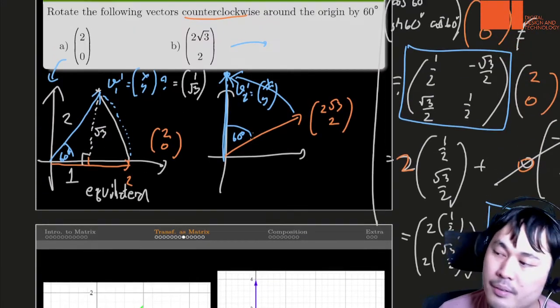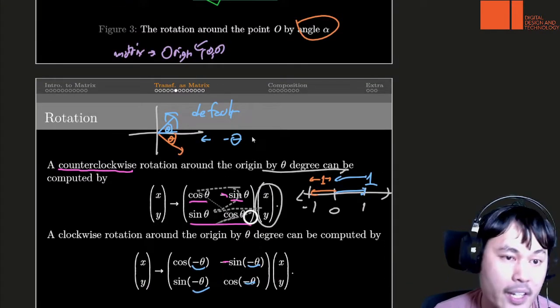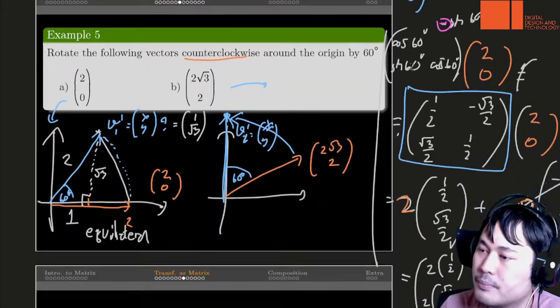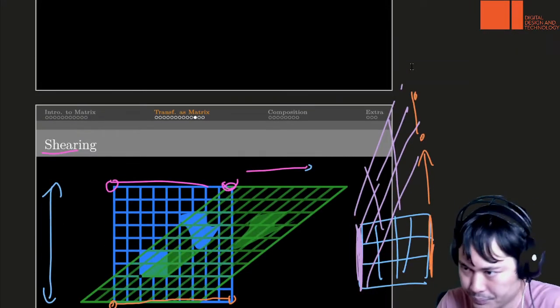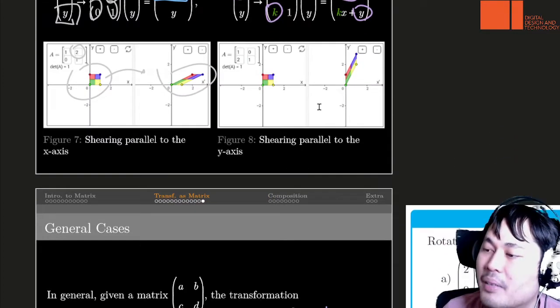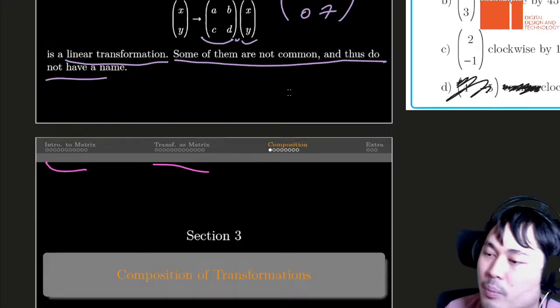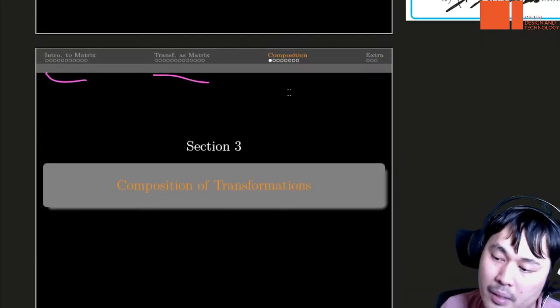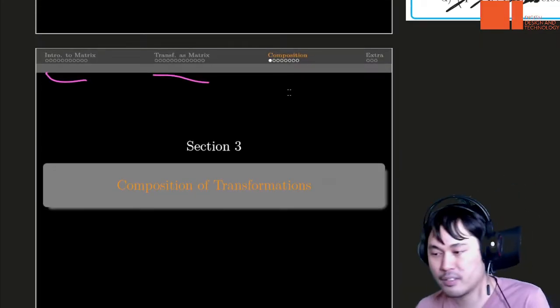This kind of matrix with the angles, cosine and sine, multiplied by a vector, that's a rotation. And there is something else, but we don't use that too much, so we skim that. And lastly, we're going to talk about composition of transformations.